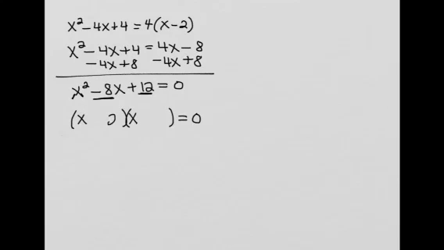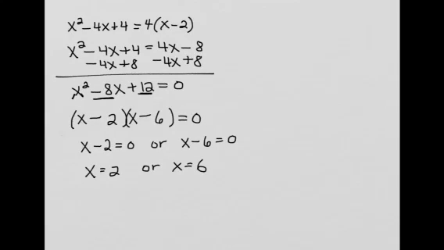So we can use 2 and 6, and they'll both be negative. So now we'll solve our individual equations. We have x minus 2 equals 0, or x minus 6 equals 0. And that means that x equals 2, or x equals 6.